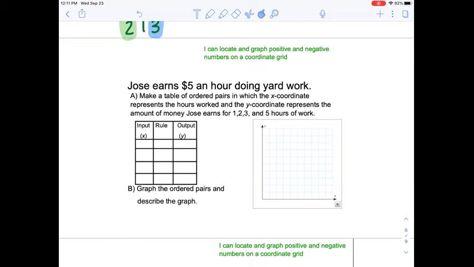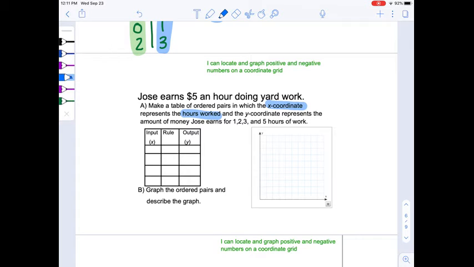So here's an example where it says Jose earns $5 an hour doing yard work. Make a table of ordered pairs in which the x-coordinate represents the hours worked and the y-coordinate represents the amount of money he earns in 1, 2, 3, and 5 hours of work. So here we have the x-coordinate is the hours worked, and the y-coordinate is the amount of money he makes.